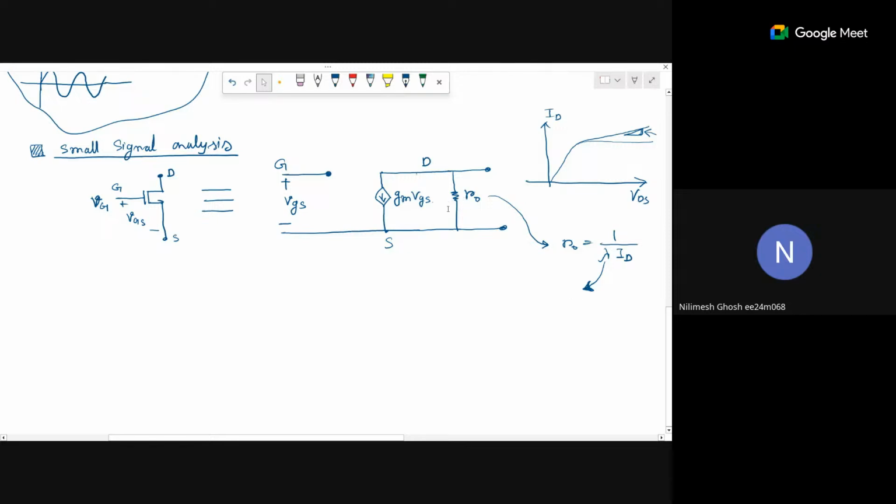This thing is a little bit advanced level, but you should know it. And this is not that fascinating also. The simple model itself is a particular voltage source controlling a current source, that is, a voltage controlled current source, and that current source has an internal resistance of this.